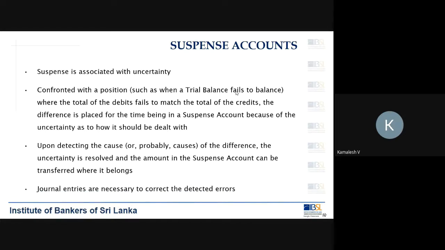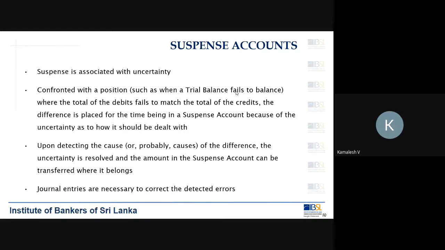So in order to rectify the errors, what do you do? You have to pass journal entries to correct the errors that you have detected. And there could be instances where sometimes you might not be able to identify the errors also. Okay. So in such instances, you might have to write off the differences.